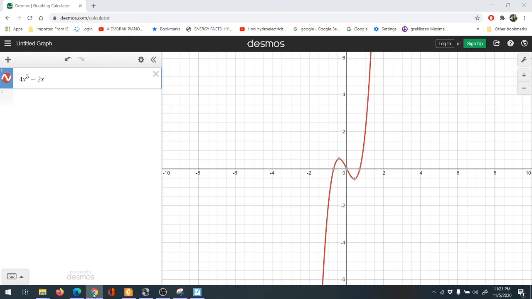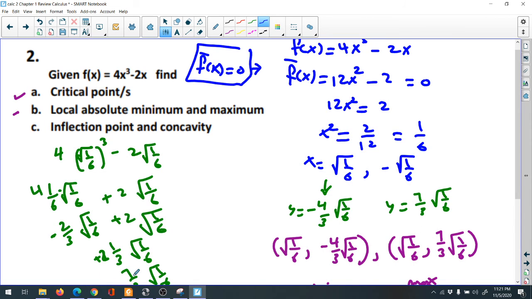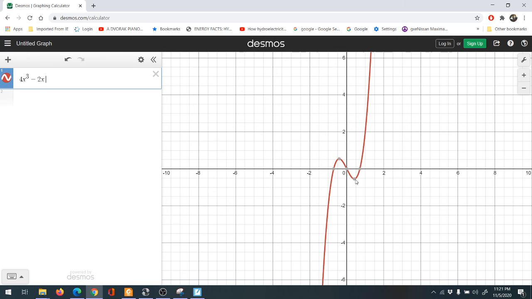Just to make sure that we are right, inflection point and concavity in here. Concave up is like a fish trying to jump from the ocean to the sky. Okay, that's concave up. It's between 0 and infinity.